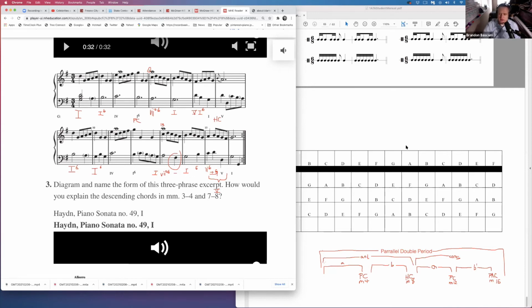Let me show you what they did. They did A. How would they do A? Measures 1 through 8.